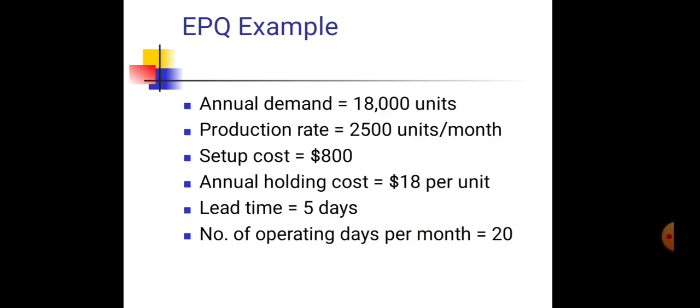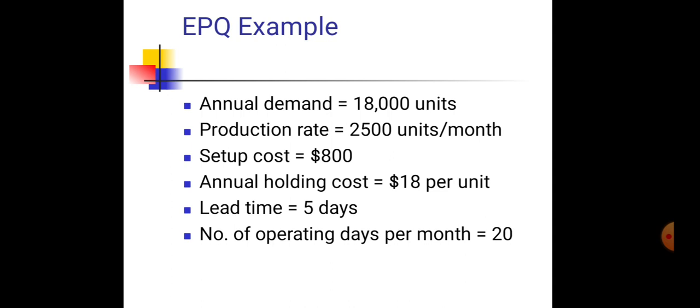Note down one question. The annual demand is 1800 units, where small d is the daily demand; here annual demand is given in the question. The production rate is given as 2500 units per month.